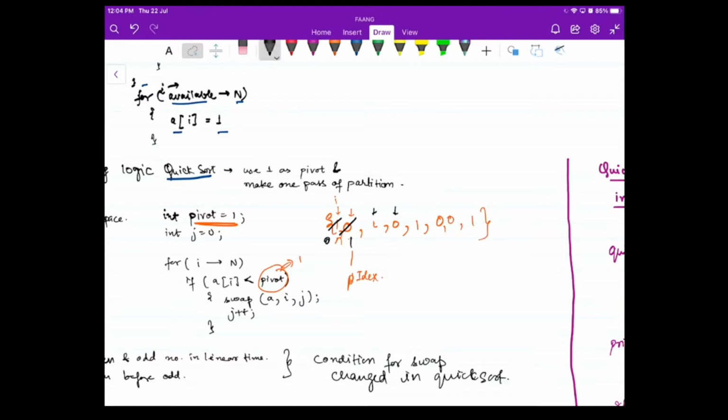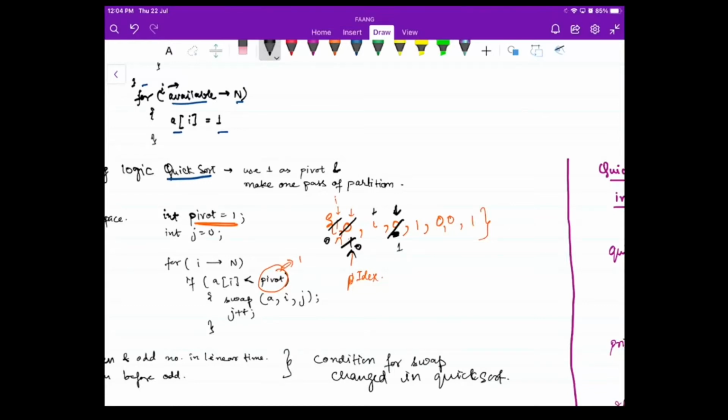Okay, so we have the pivot index here now. After moving to this value of i, again we found the value is less than the pivot value, so we will again swap these two values. So this will become 0 and this will become 1.